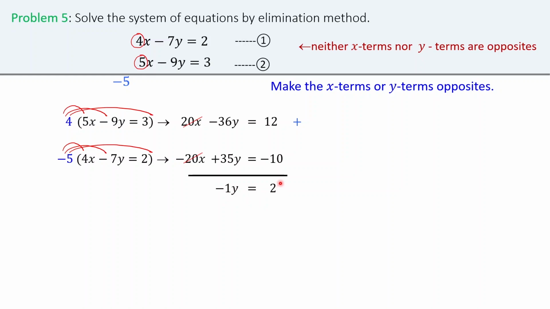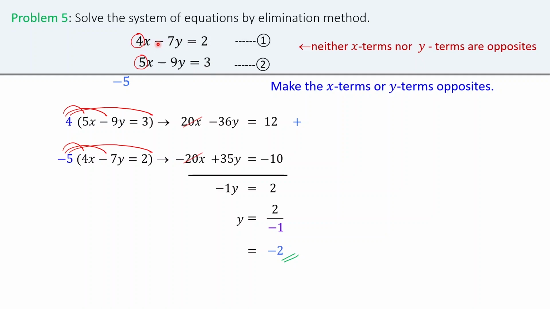Now divide both sides by negative 1 and isolate y. So y is equal to 2 divided by negative 1, which is negative 2. So y is negative 2. Now we need to find the x. So take one of these equations.